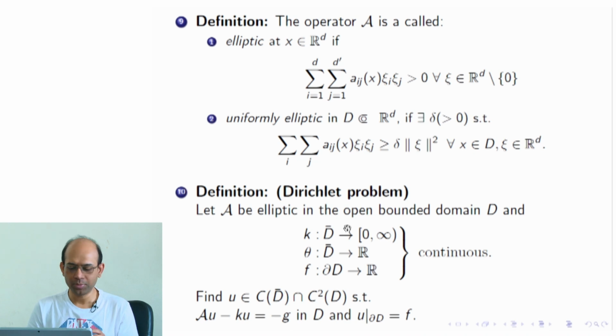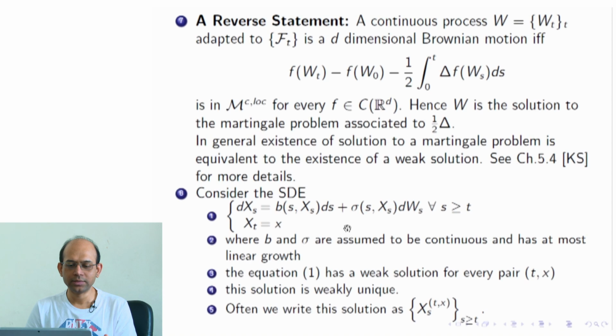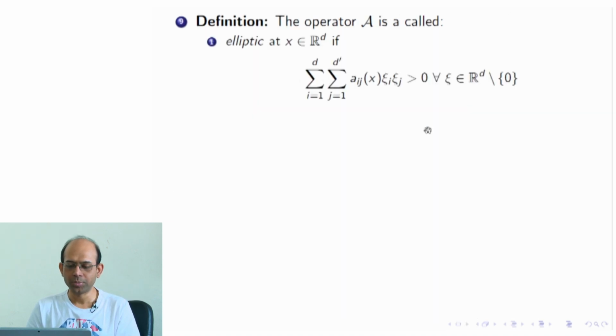Since half times the Laplacian is associated with Brownian motion, only Brownian motion was used to study those problems. That connection is clear, because Brownian motion is the martingale solution for the half times Laplacian operator.